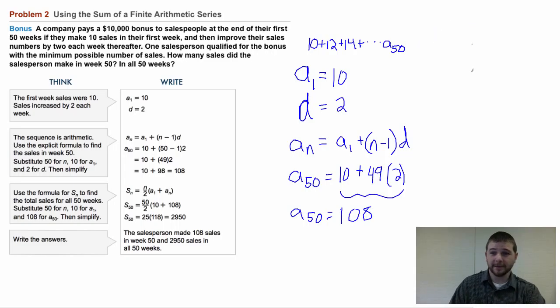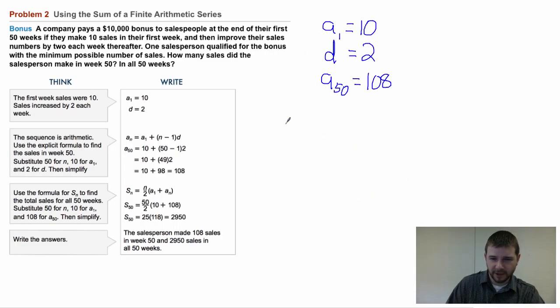And now we can set to work to find the sum of the series. So now we'll use the formula we've just learned. The sum of a series, S sub n, equals n divided by 2 times the quantity a sub 1 plus a sub n. Remember, that's our first term plus our last term times the number of terms divided by 2.